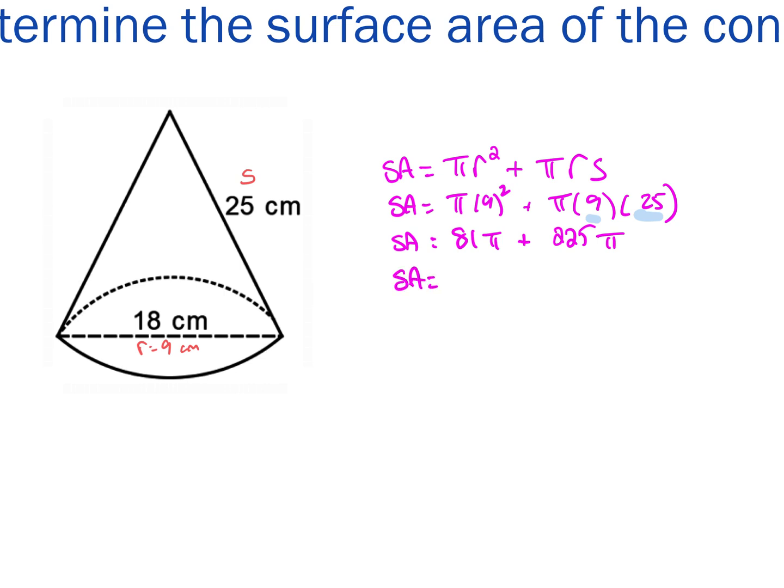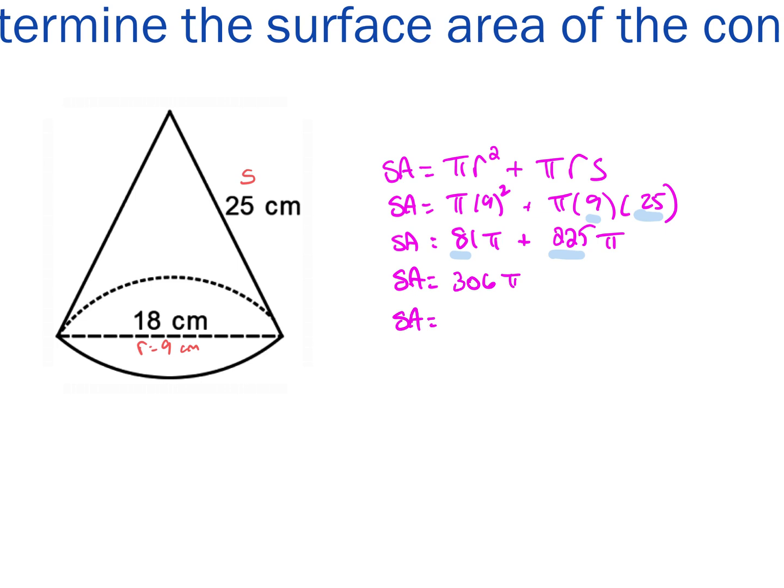And then we will go ahead and add the 81 and the 225 together. And that will give us 306 pi. And then it's just a matter of multiplying pi times 306.